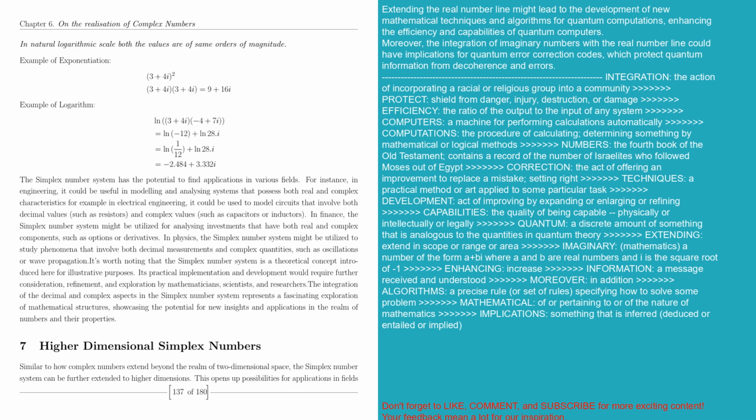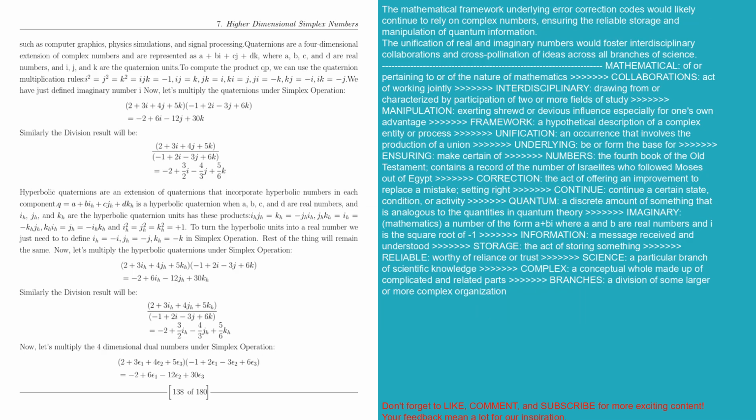Moreover, the integration of imaginary numbers with the real number line could have implications for quantum error correction codes, which protect quantum information from decoherence and errors. The mathematical framework underlying error correction codes would likely continue to rely on complex numbers, ensuring the reliable storage and manipulation of quantum information.